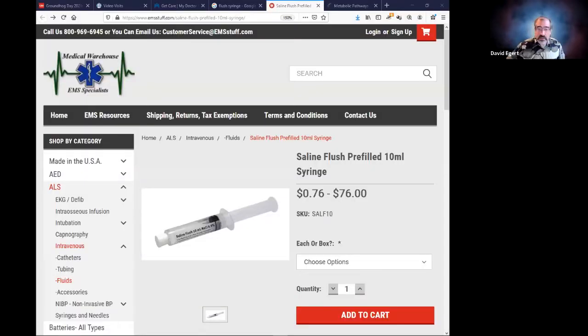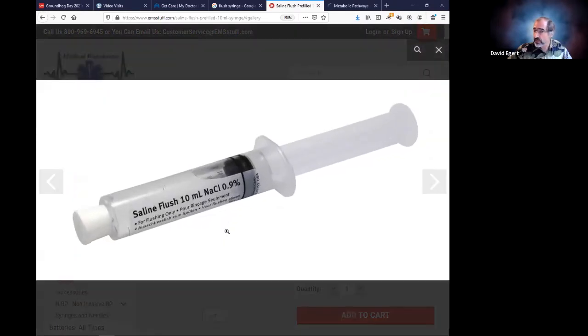This is just from a medical supply: a saline pre-filled syringe for flushing out an IV line. It says 0.9% saline, NaCl. I'm trying to give you a sense that this is actually important to understand and that it makes a difference.